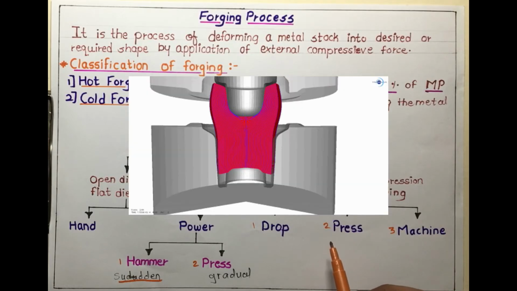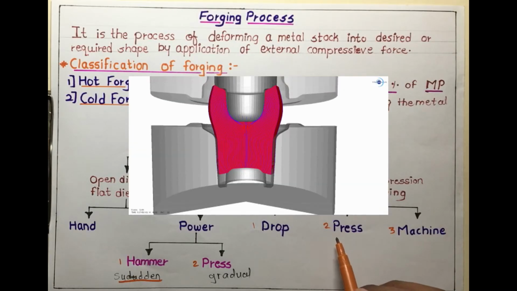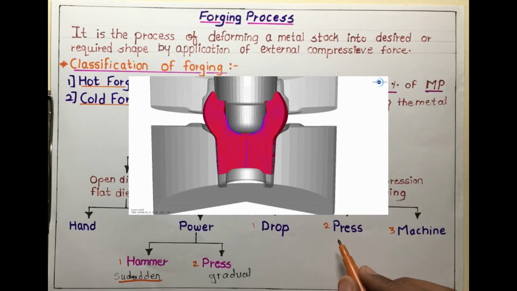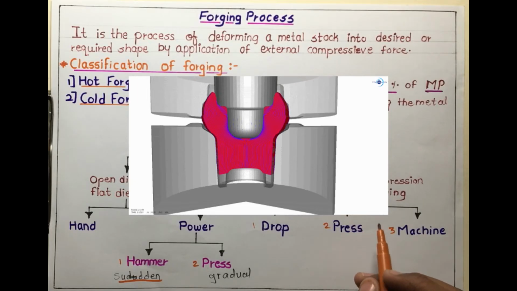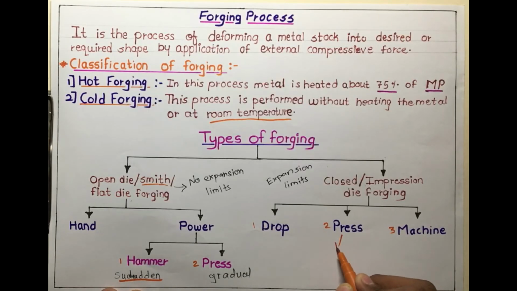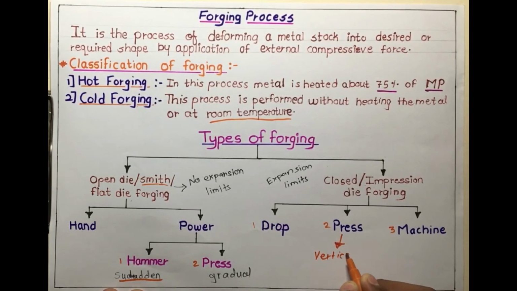In this press forging, the gradual compressive load is applied on the workpiece, and the workpiece gets deformed. But in this press forging, the compressive loads are applied vertically.